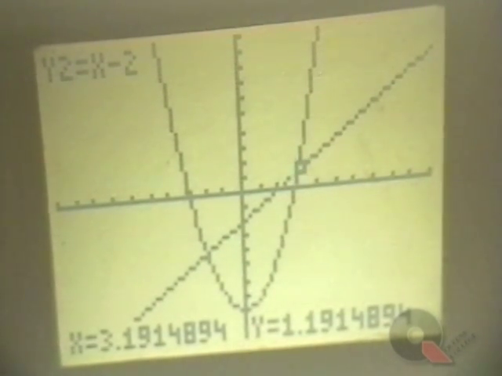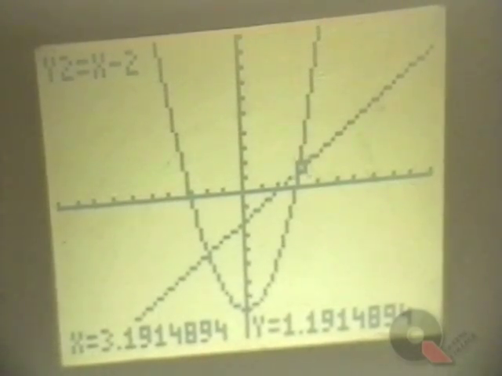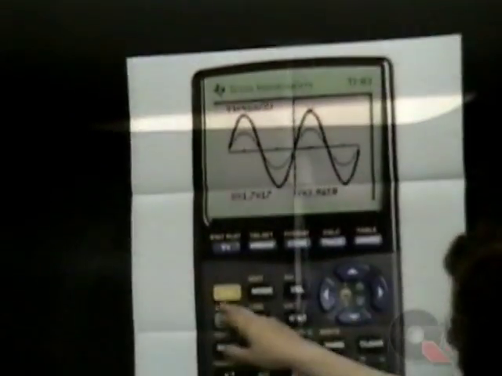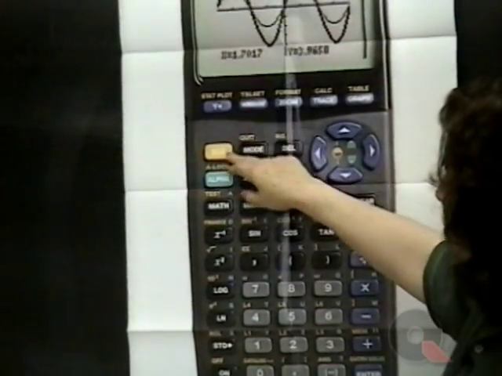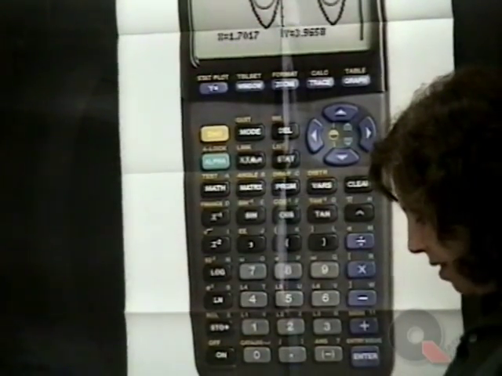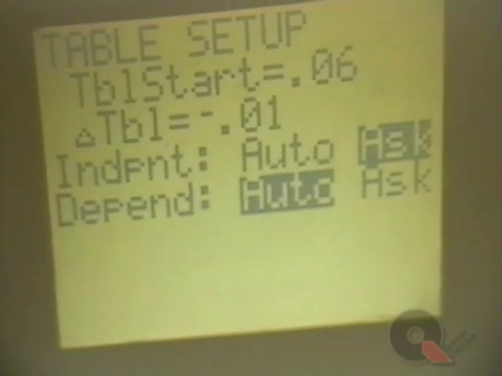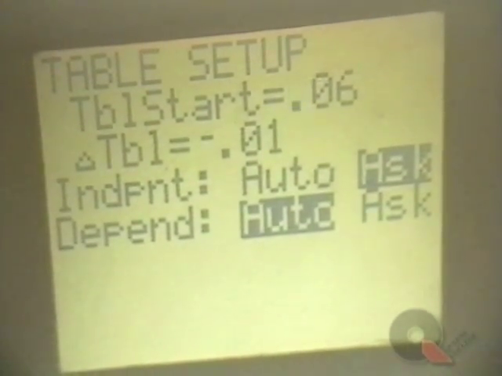Another choice is to go to table. Now if we look down over here, hit second and window. That's going to give you the table set button. Second and window, table set. Now you should have your table set up so that the independent variable is listed for ask and the dependent auto.